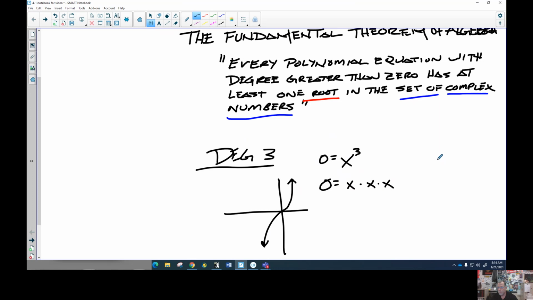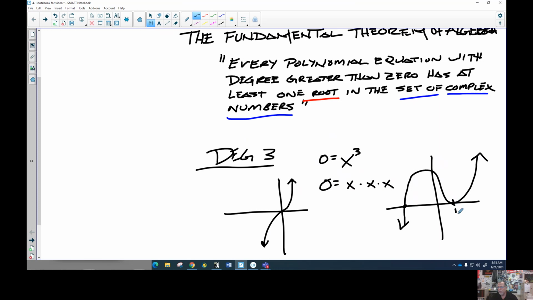And you can see this also in a degree 3 function that does something like this. Degree 3 functions will have 2 humps, so to speak, 2 rounded portions. And where we see this 0 and this 0, this one is a double 0.